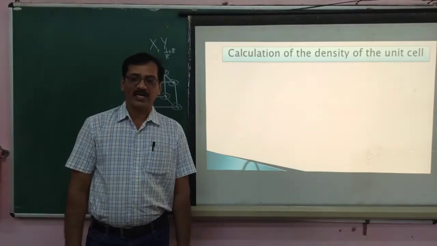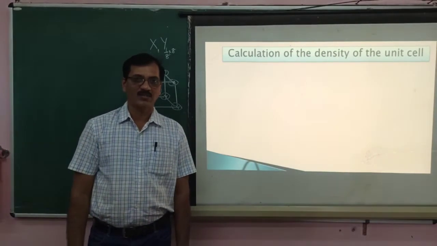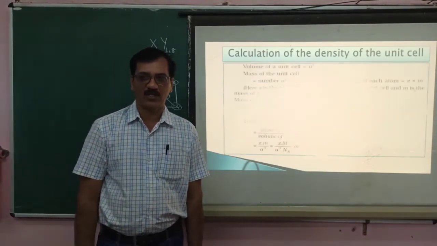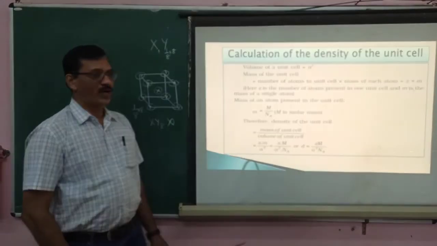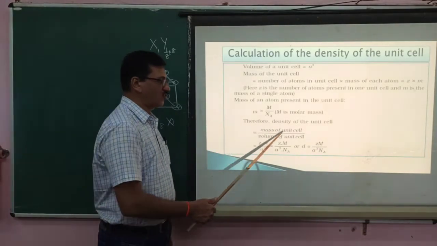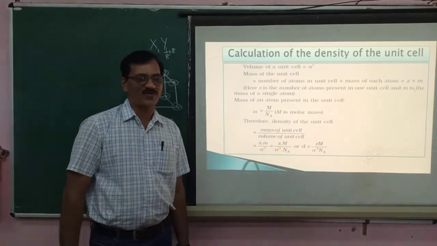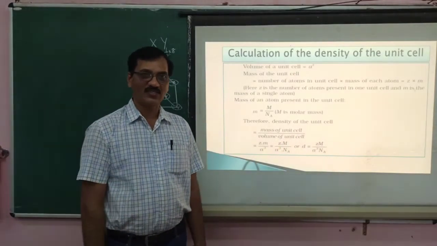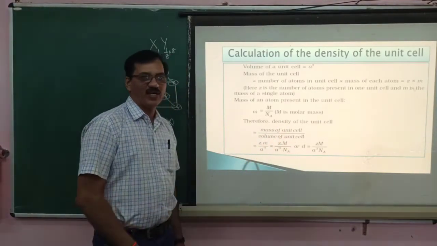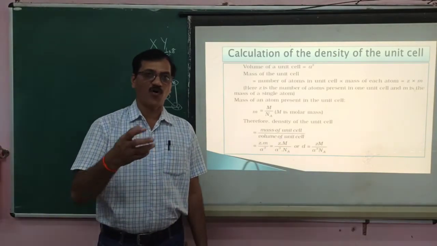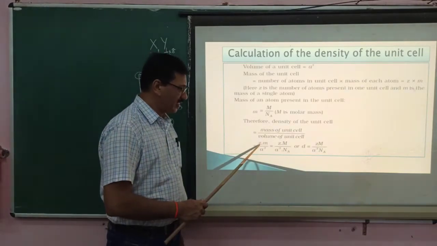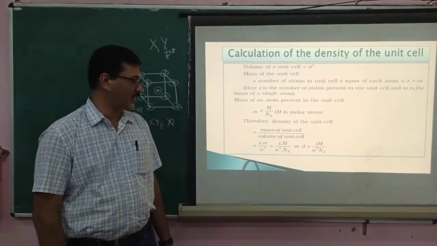Now, can we determine the density of the unit cell based on the measurement of a unit cell? From the unit cell dimension, can we measure it? Yes, we can. Density is given by mass of the unit cell divided by volume of the unit cell. Mass of one unit cell is the mass of all the atoms present in it. Z is the symbol used for the number of atoms.